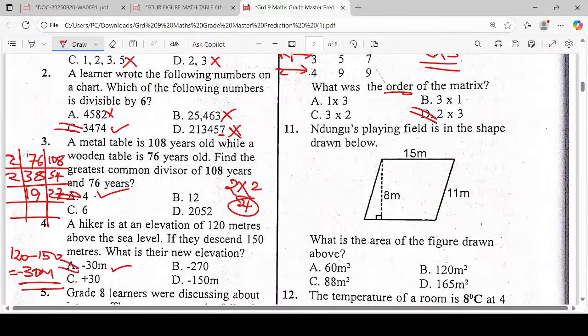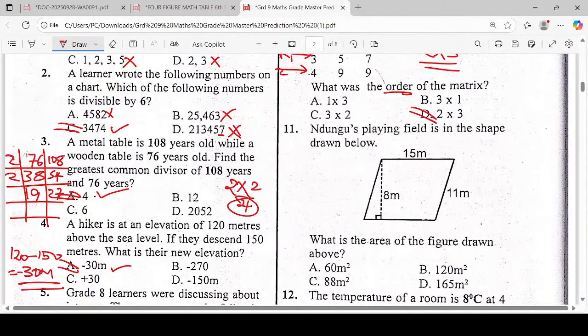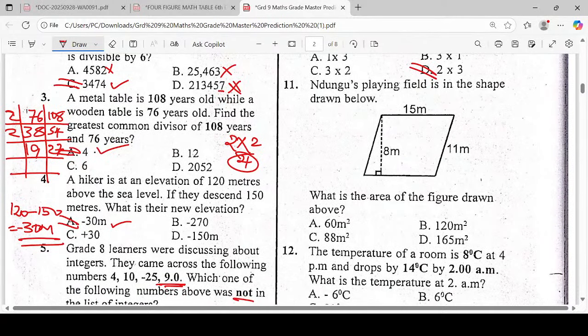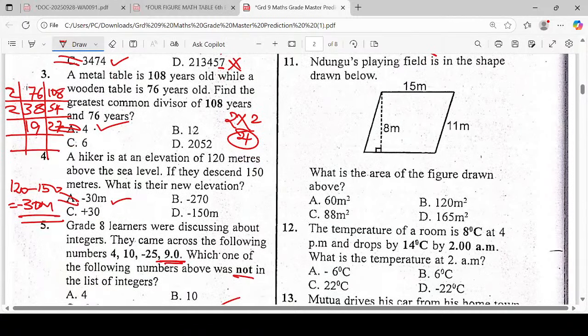If the Ndugu's playing field is in the shape drawn below, what is the area? What is the area of this figure? When you look at it, it is a parallelogram. For you to compute the area of this parallelogram, the area is simply given by base length times perpendicular height.